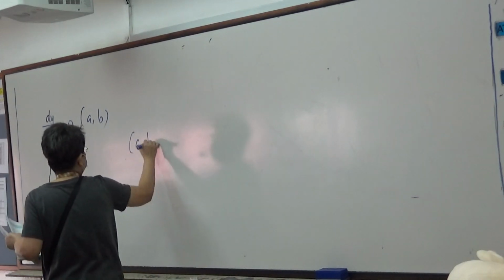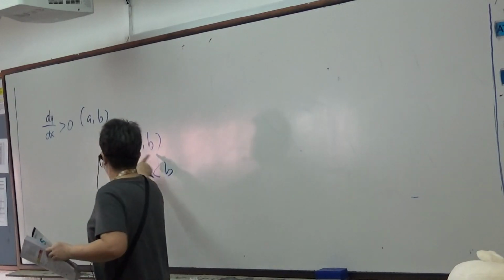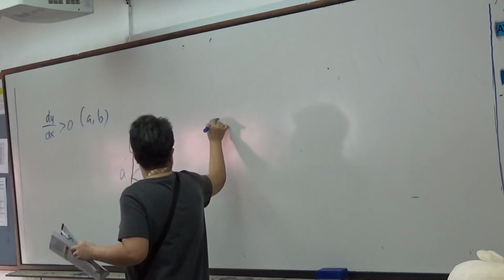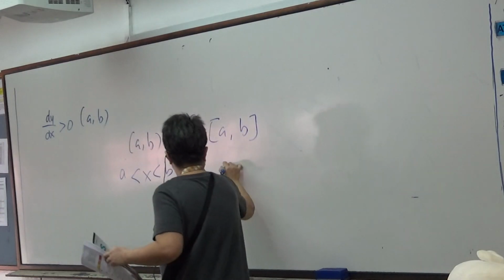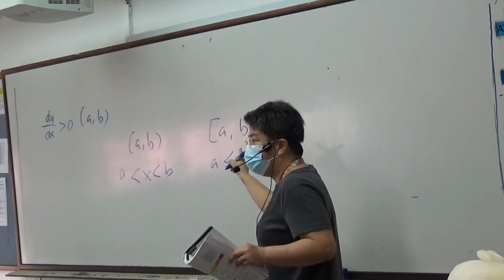When we write like that in maths, it means x is between a and b, exclusive. If they write like that, it means inclusive. This is some math symbol.